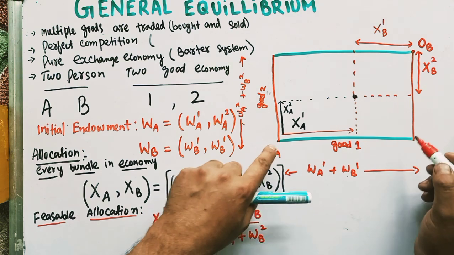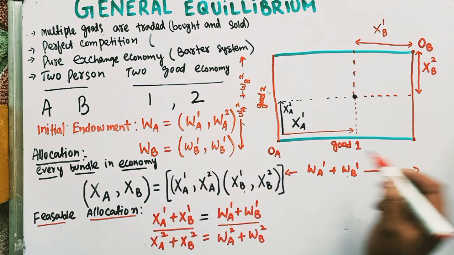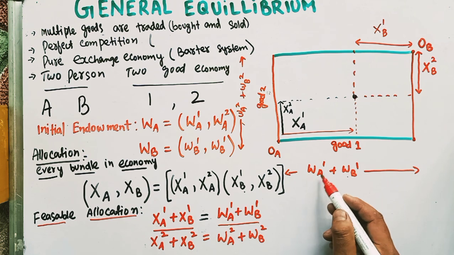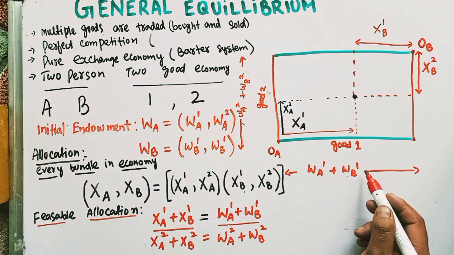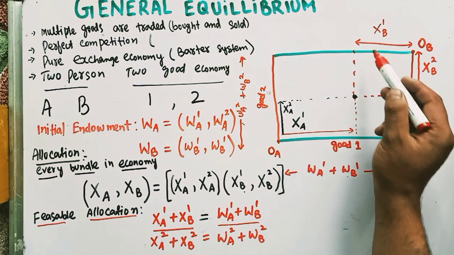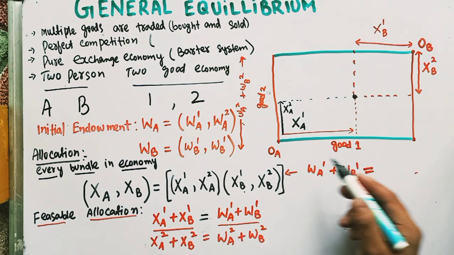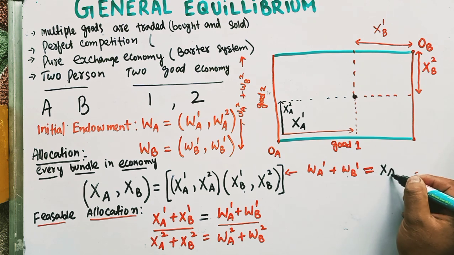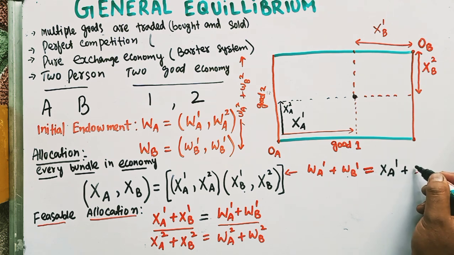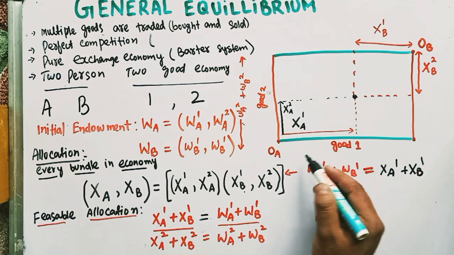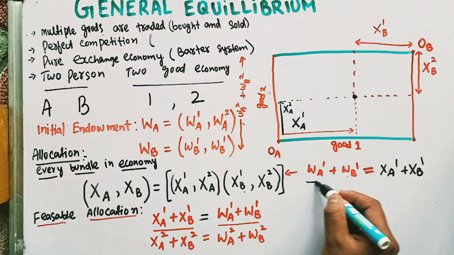So if this green line denotes WA1 plus WB1, then these two red lines show us XA1 plus XB1. Obviously here they are equal.